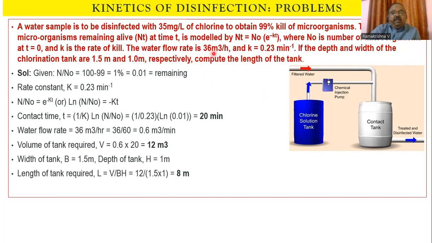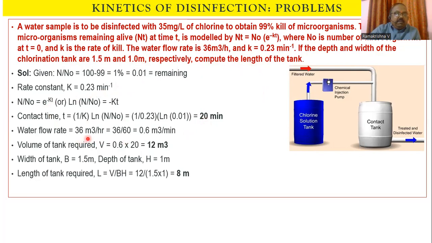Then flow rate is given, then contact time you have found out. Based on that, we can calculate the volume. Volume is nothing but L B H, width and depth are given, and L we can calculate from the relation of volume. Same thing I'm obtaining here. 99% removal means 0.01 remaining. K is equal to 0.23. Now I'm calculating t is equal to 20 minutes from the Chick's law.